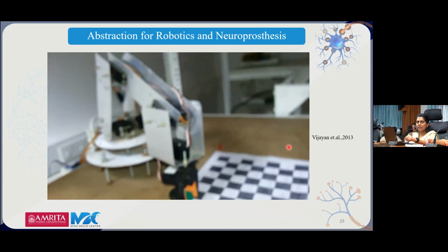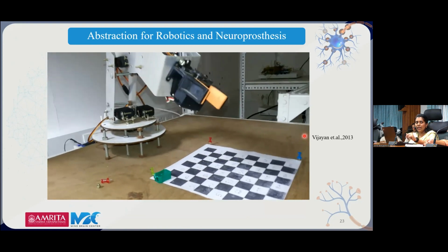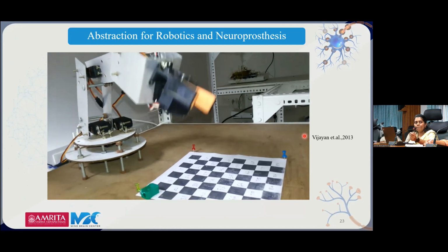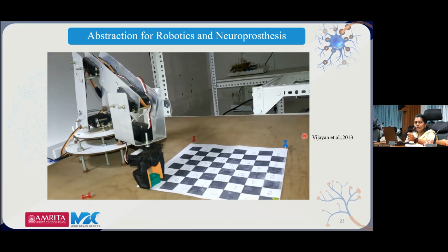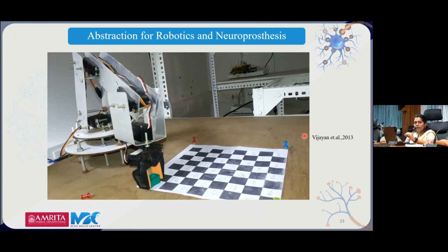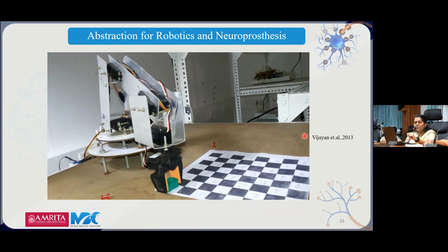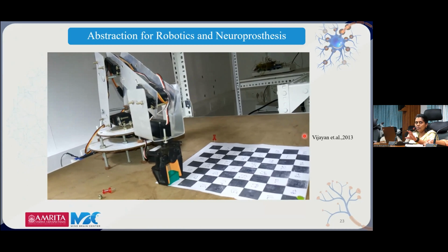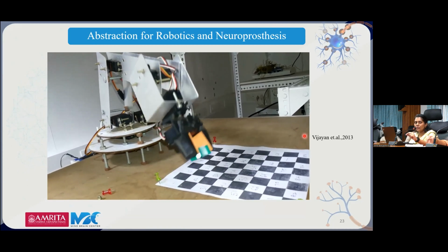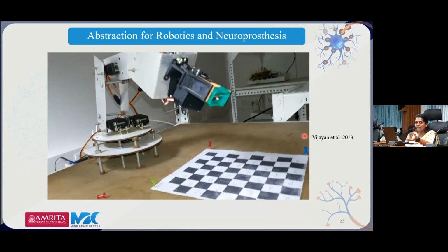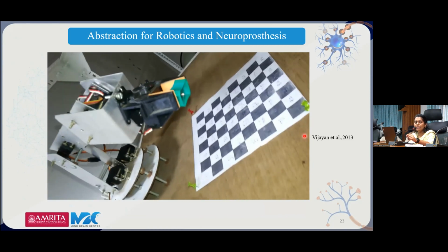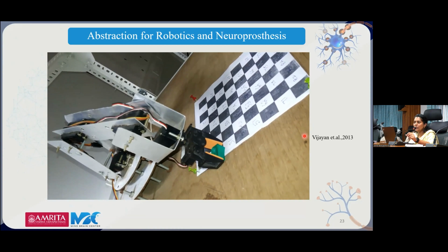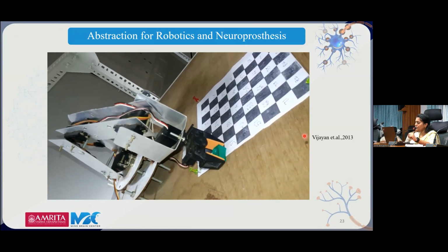So this is the arm. We used aluminum sheets and motors to come up with a low-cost arm, and then that was used to pick up a small cutter or a sharpener, and then place it back at a particular position. So we could do that.